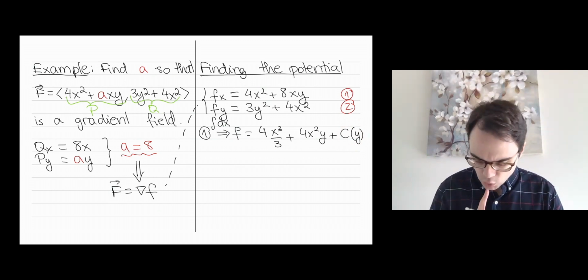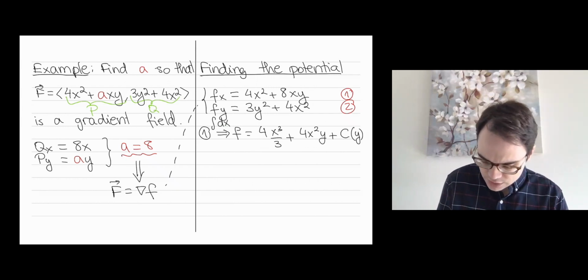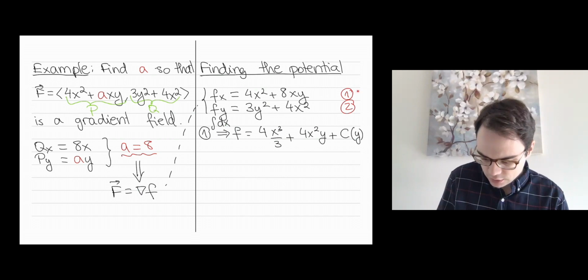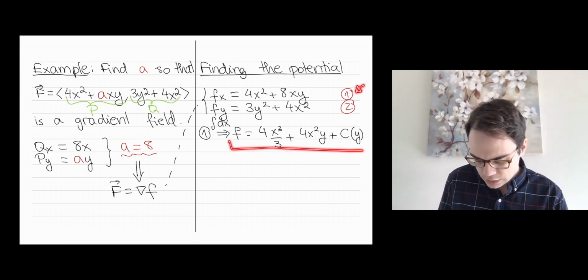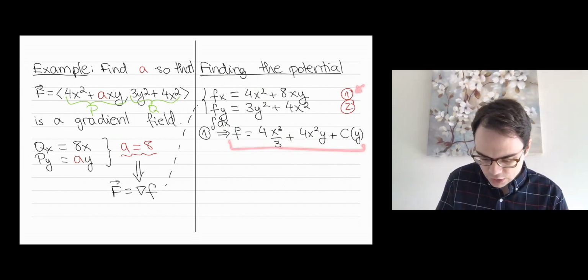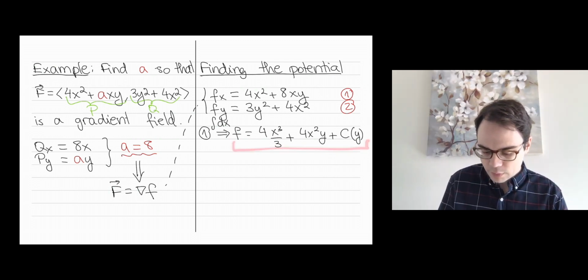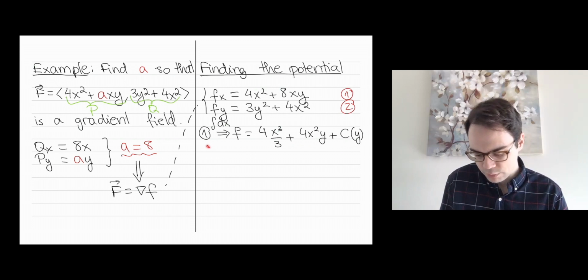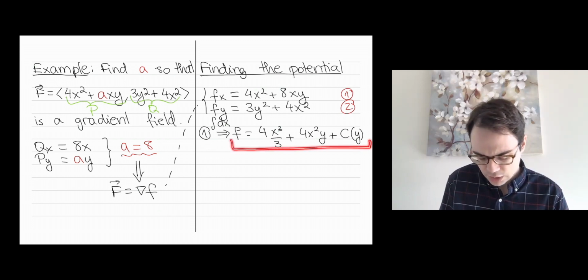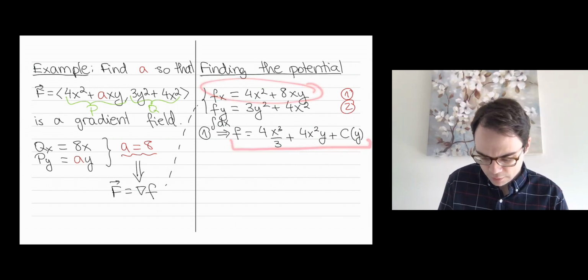Okay, notice that the content of equation 1 is the same as the content of this other equation. I was able to deduce this equation from 1, but I'm also able to deduce 1 from this equation. If I just take an x partial of it, I get exactly equation number 1, right?